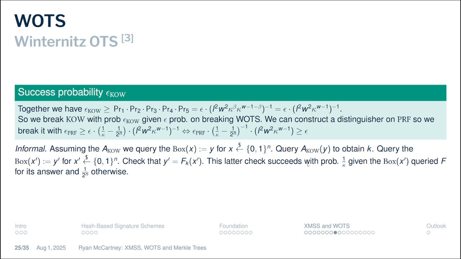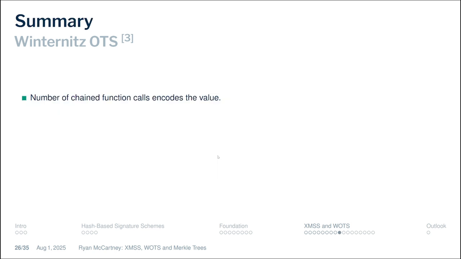Okay. Now we can say that this probability difference gives us a distinguisher which actually lets us pick with better than 50-50 chance what box actually queried, thus breaking the pseudo-random function property. And this is the whole proof.